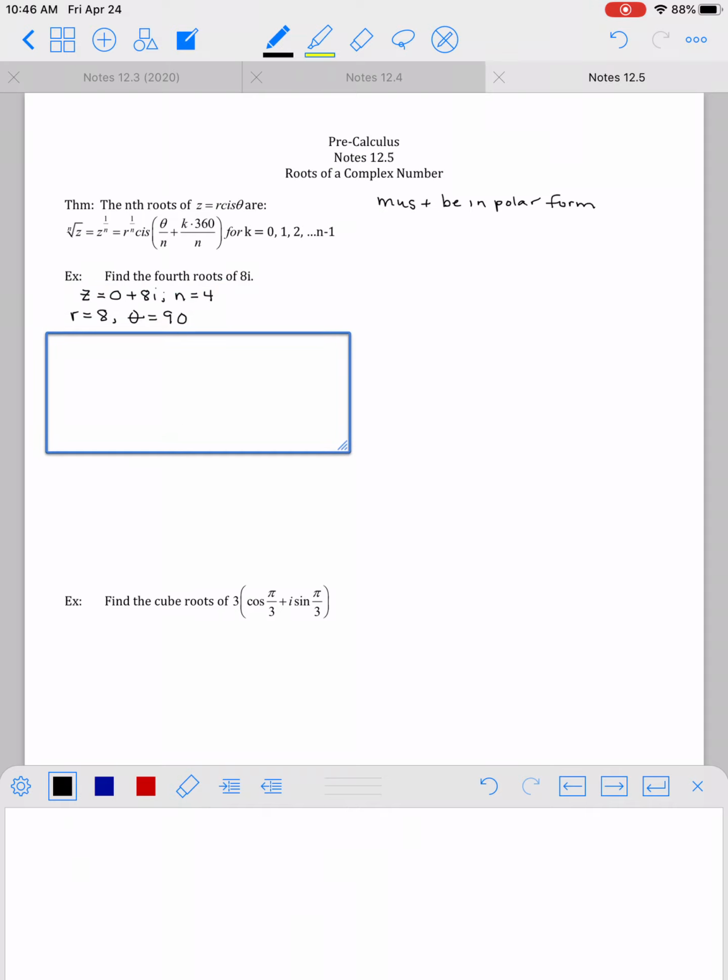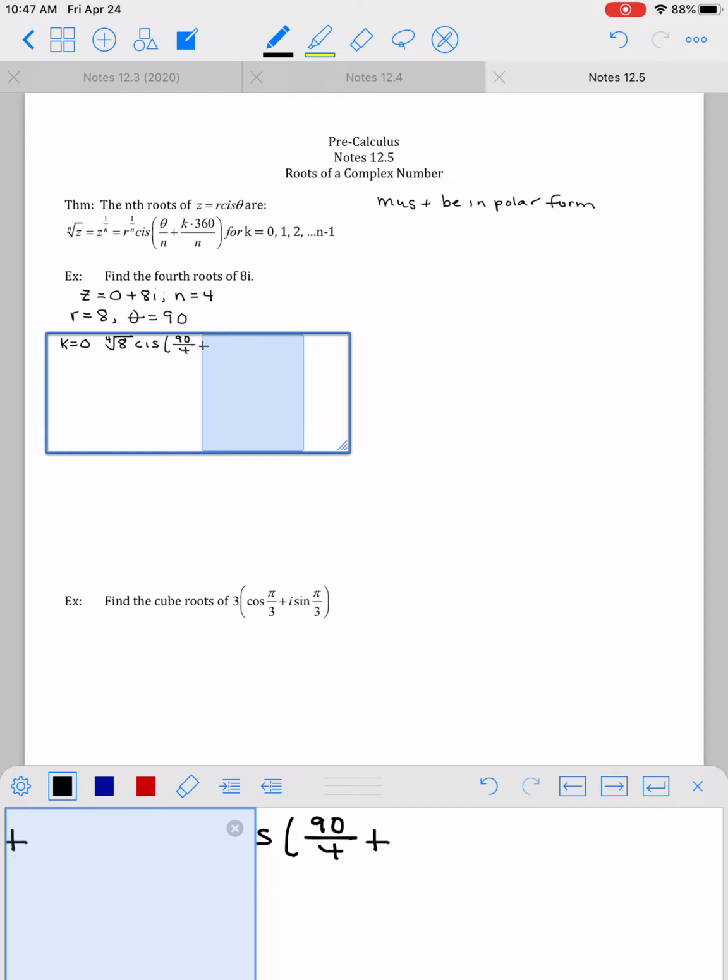So when you go to find the roots, you start the counter k at 0, which means we'll stop when we're 1 less than the number of roots necessary. So since n is 4, we'll go to 3. Now, if n is 4, we're going to take the fourth root of our directed distance, or r, which is 8. Then we write down the word cis. Then we take our original angle, 90, and divide it by n, which is 4.